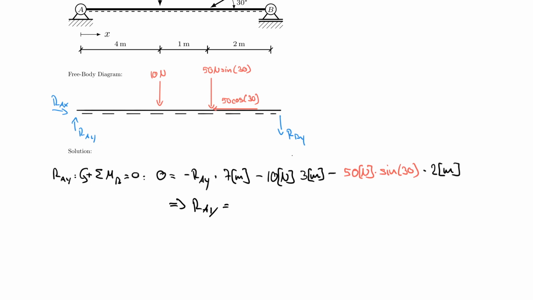Just conceptually, I'm going to show you how to find RBY, which is the sum of the moments about point A being equal to 0, counterclockwise positive, and 0 is equal to plus RBY times 7 meters. So that's the entire distance between RBY and the support A. But I actually already made a mistake here, so let me fix that.